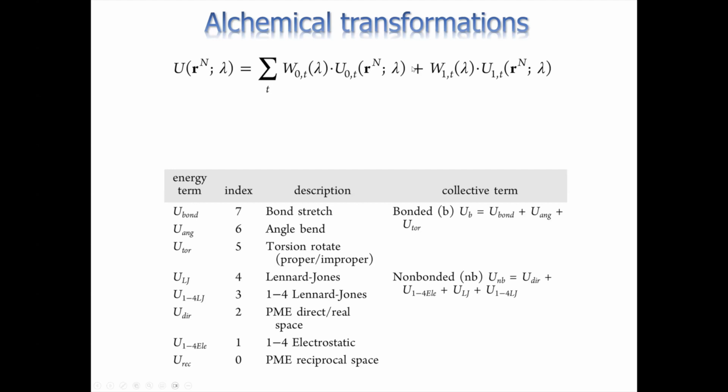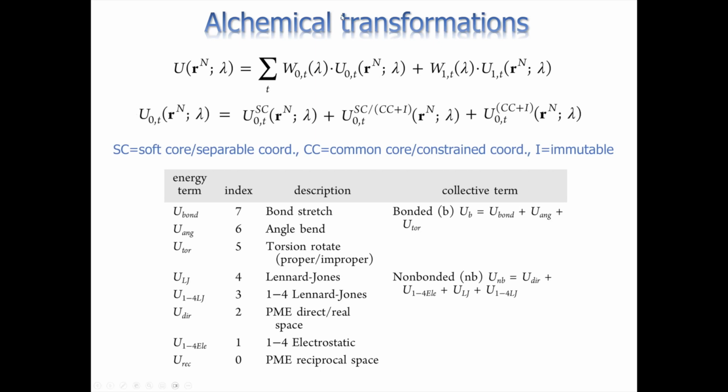So the main thing to look at here is that we're going to do a weighted sum of potential energies, where the W0 and the W1 are mixing functions that start to turn off ligand 1, while ligand 2 is being turned on.